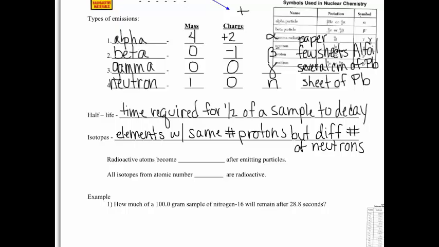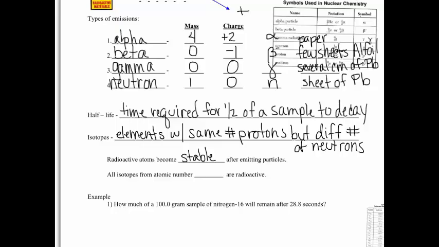All right. So the point in radioactive emissions is that once they've released those particles, they'll eventually become stable again. That's why they do that. And they'll continue to emit. So if an atom emits a particle and then the resulting element is still unstable, it will emit additional particles.